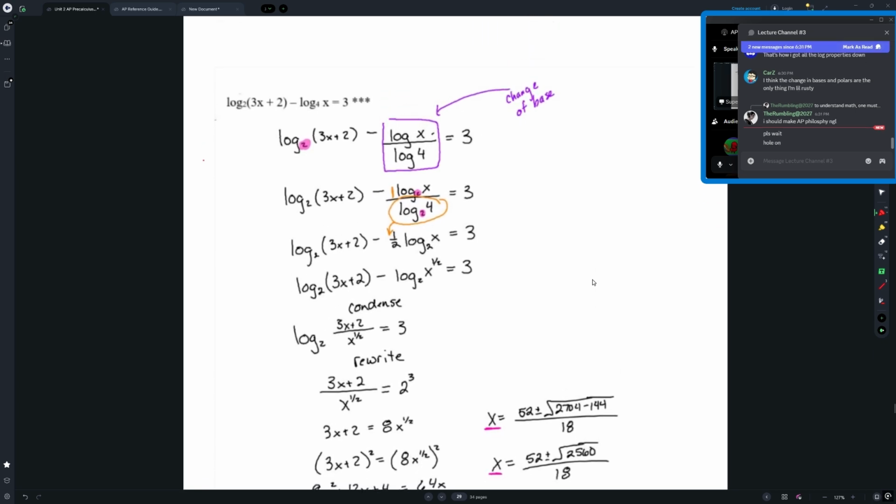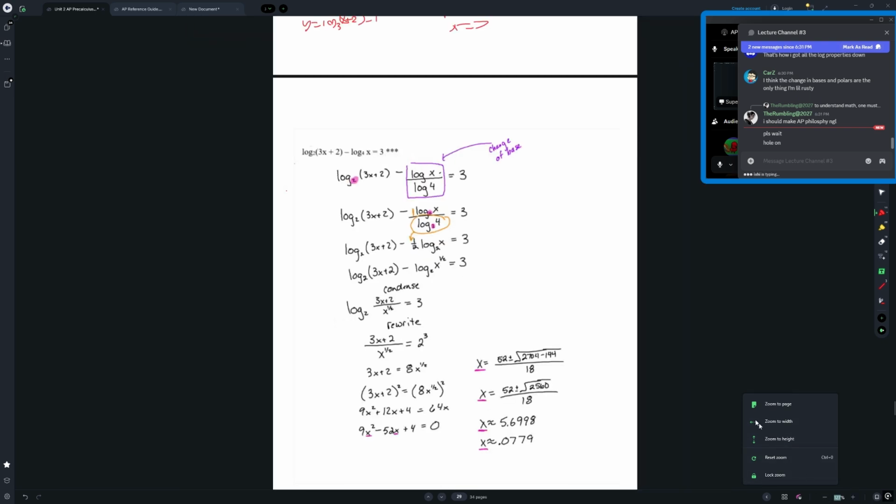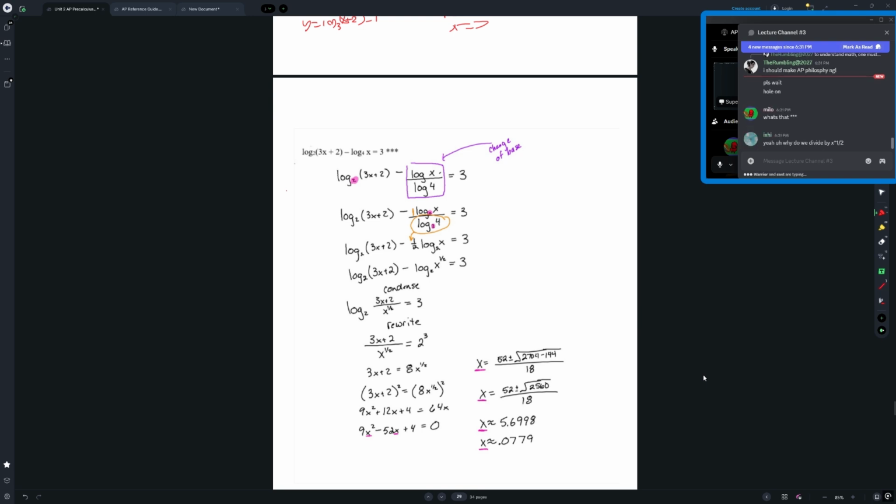Hold up, I'm trying to zoom out a little bit. Right there, I can keep the entire answer. While you divide by x to the power of 1/2, how did it turn to 1/2? This turned to 1/2 because you changed the base of this log of 4x.